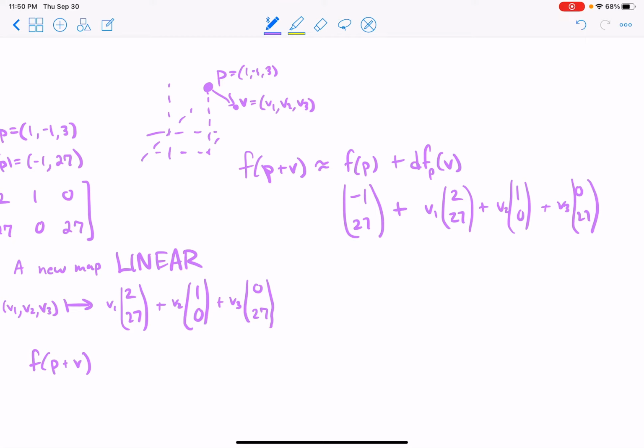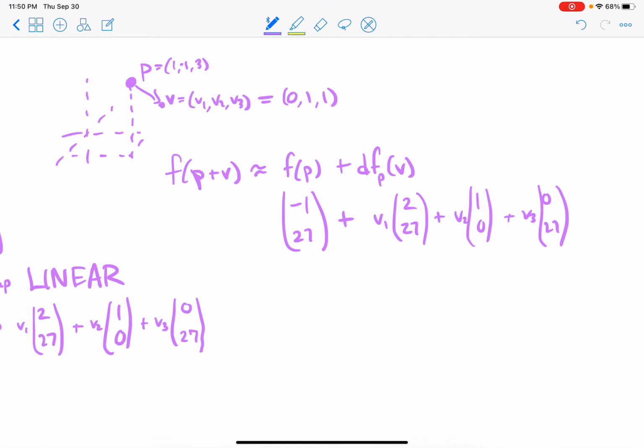So if I actually pick a movement, like if I say I'm just going to move in the direction 0, 1, 1. I'm going to move in that much. What's my approximation? Then I literally put 0 times 227. Okay, well, that's going to be 0.